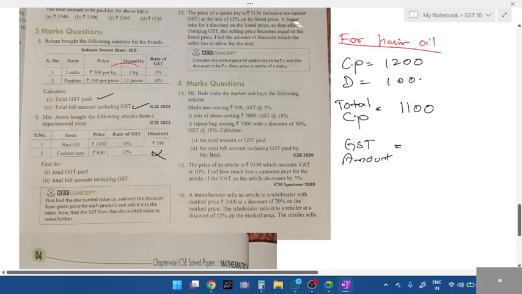Okay, don't write GST. Write GST amount is equals to 18 divided by 100 into 1100.